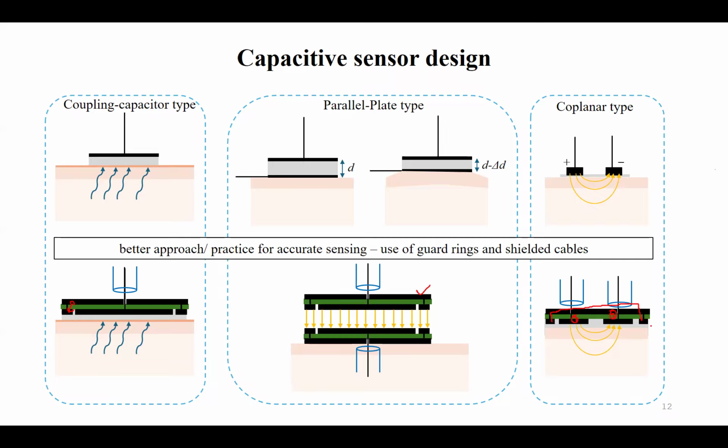So it will lessen the effect from the fringing field from here. So any fringing field from this side will be eliminated, and only the measurand in this can be sensed easily, right? So the same approach we can directly apply for the coplanar and coupling capacitor types. So the best approach is for accurate sensing in capacitive sensor design.